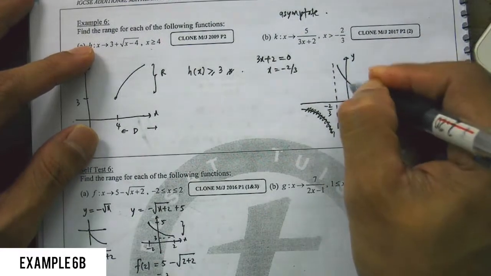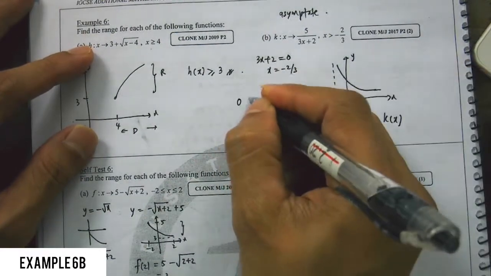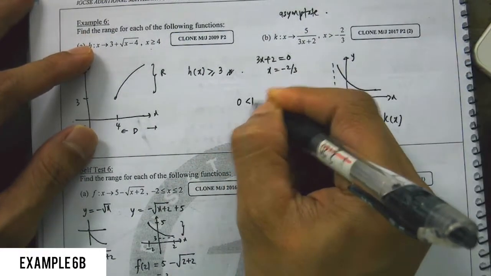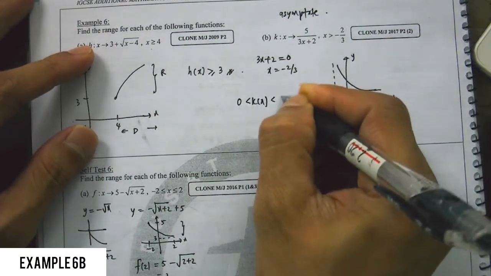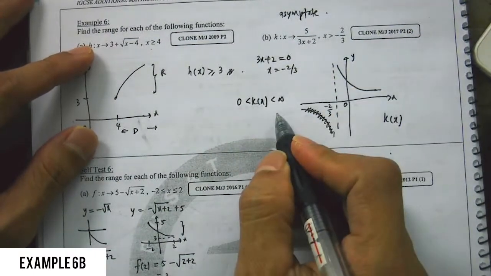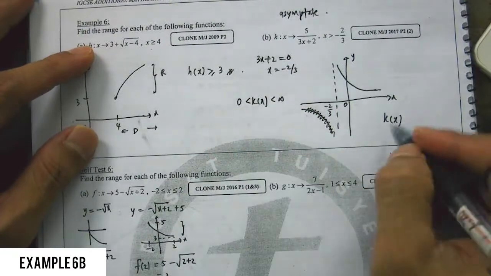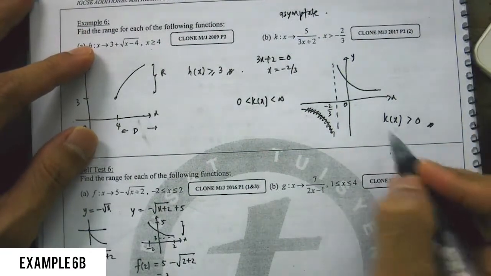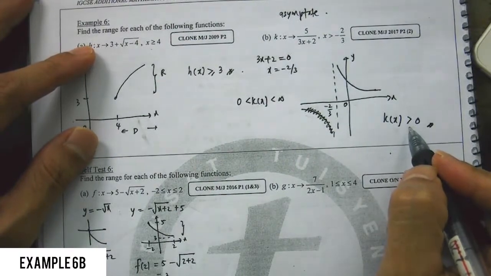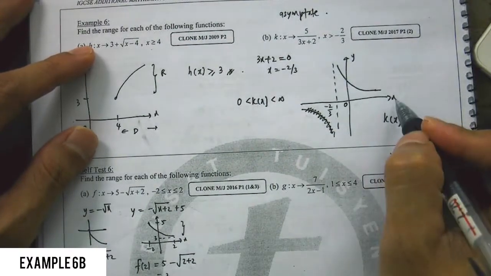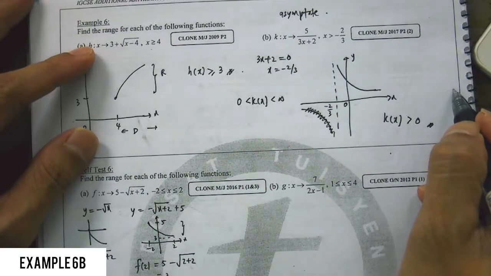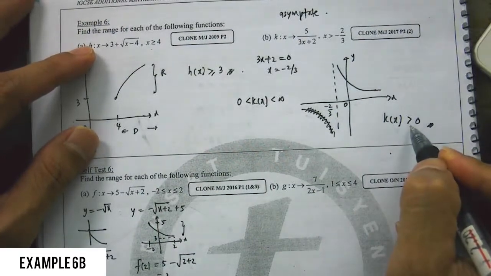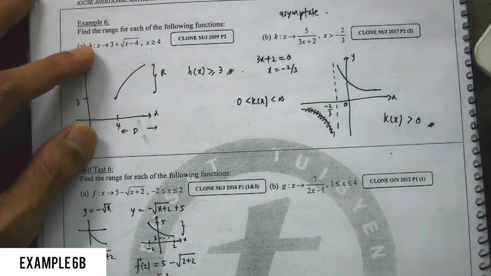How do you write this? Do you write 0 to infinity? No, right? We don't write like this. So we write f(x) greater than 0. By the way, can it be 0? No. It will be only 0 when x approaches infinity. So we cannot write equal to 0. We say it's more than 0.